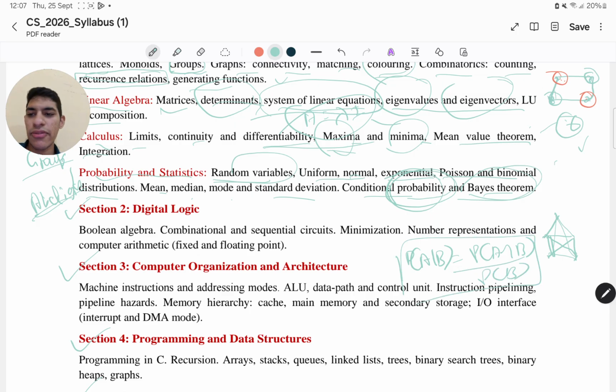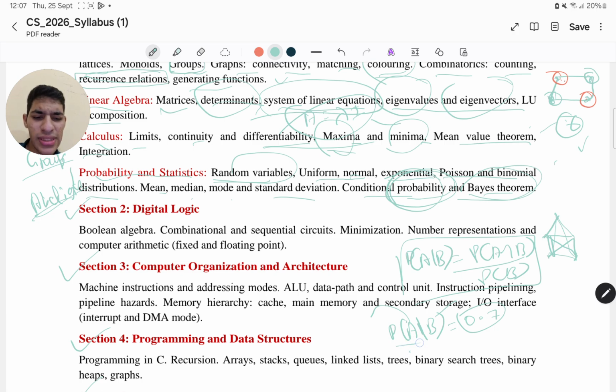Based on this formula, you can morph it. For example, you are given the probability that event B has happened and the probability of A happening is something like 0.7. You might be given a question like this.